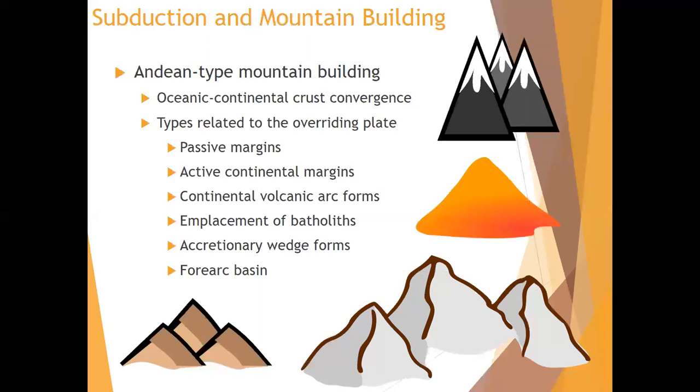Batholiths are going to form, and the continental crust is then going to continue to form as magma ascends through it. It's going to create plutons and batholiths, which eventually become uplifted and eroded. An accretionary wedge will form.